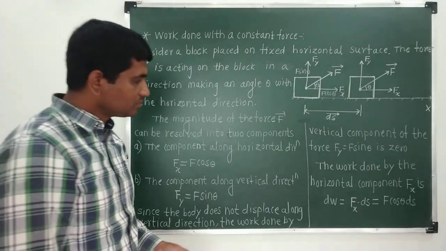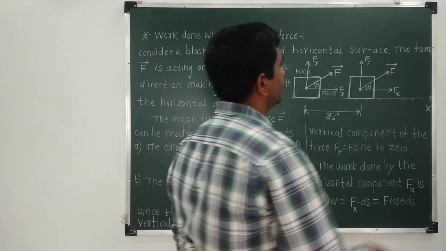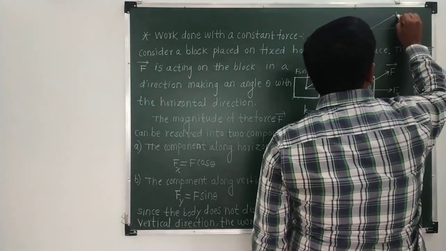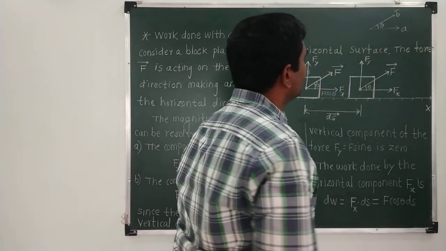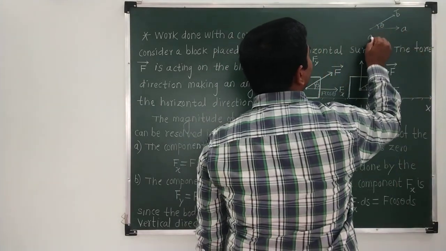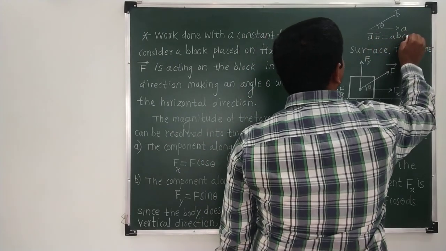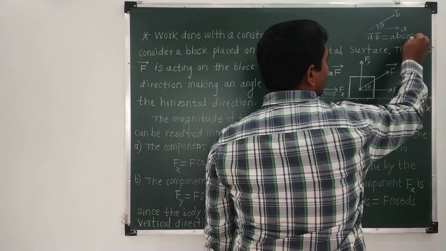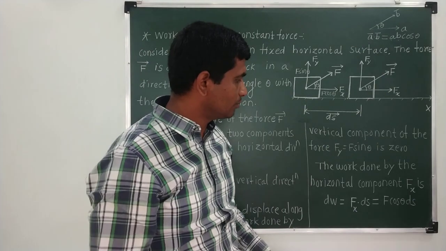Okay. Now we know that if there are two vectors, let us say this is a bar, this is b bar, and they are making an angle theta between them, then a bar dot b bar is defined as ab cos theta. So if you have the magnitude of the first, the magnitude of the second, and the cosine of the angle between them, it's nothing but the scalar product of the two vectors.